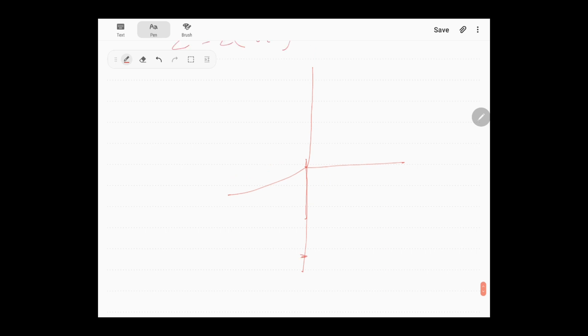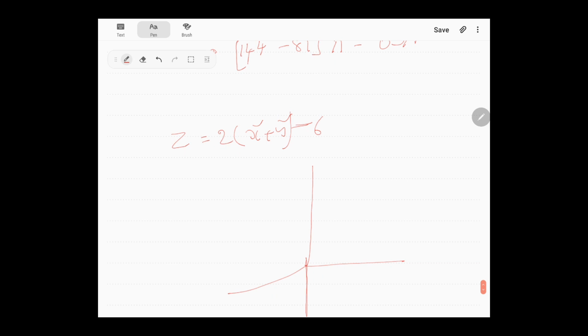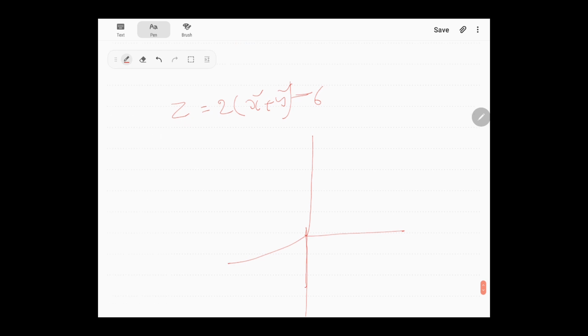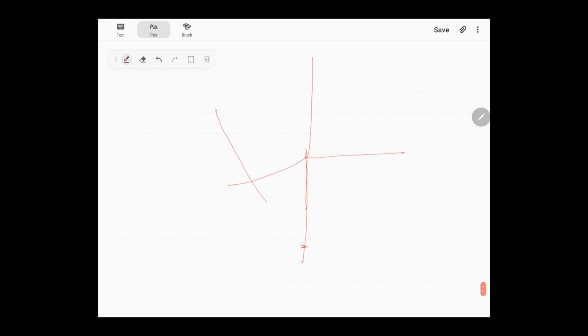Another observation is if I give z some fixed value, say 4, then 2 times x square plus y square is equal to 10, and x square plus y square is equal to 5. If I give z is equal to 4, I am getting a circle.